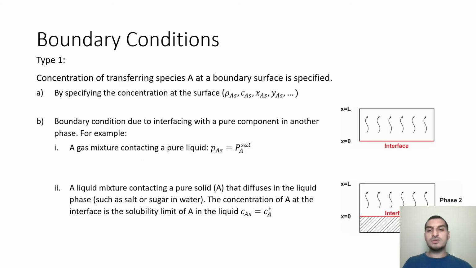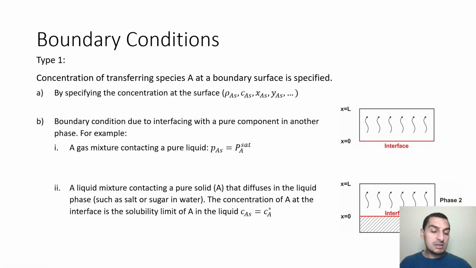We will start with the first type, where the concentration of a transferring species at the boundary is specified. Here we have different cases. The first case is the simplest: it's already specified that the concentration equals a specific value. Let's say the diffusion is taking place from x equals 0 to x equals L, and there is a gas stream here that is continuously passing, keeping the concentration of species A at this point equal to a constant value.